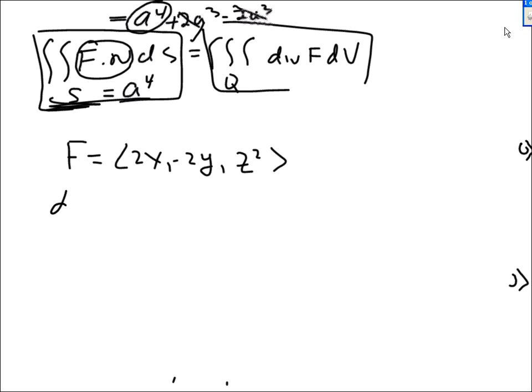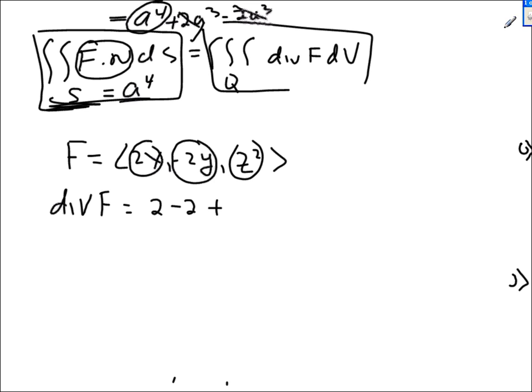So the div of f is the partial of this with respect to x plus the partial of this with respect to y plus the partial of this with respect to z. So we just get 2z.